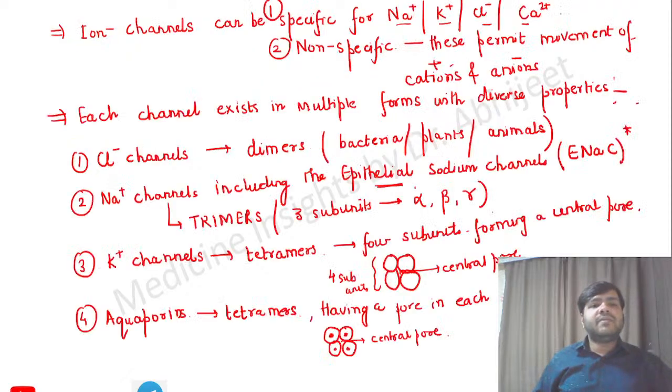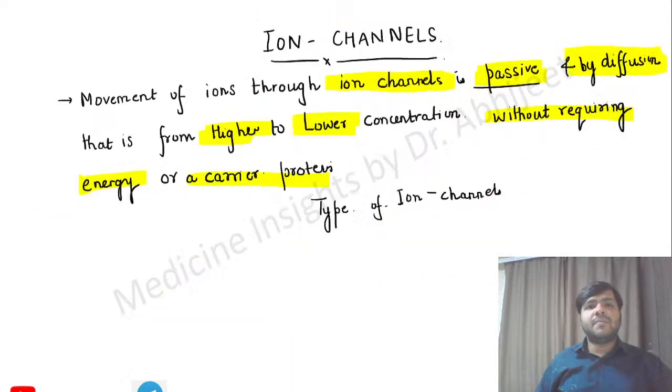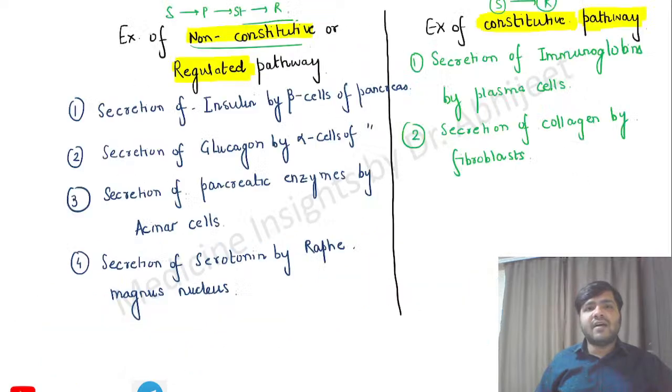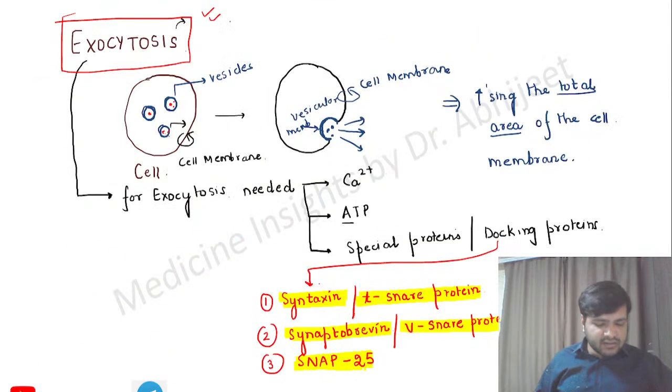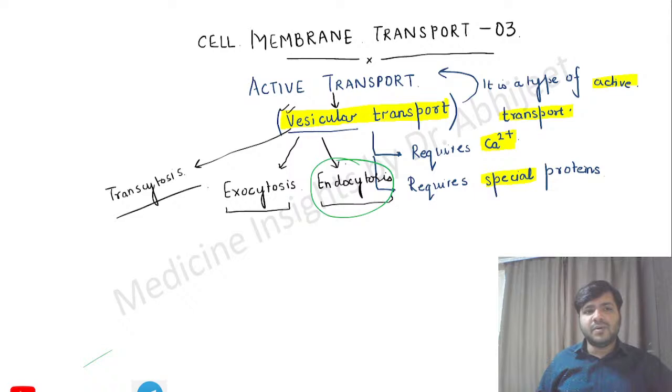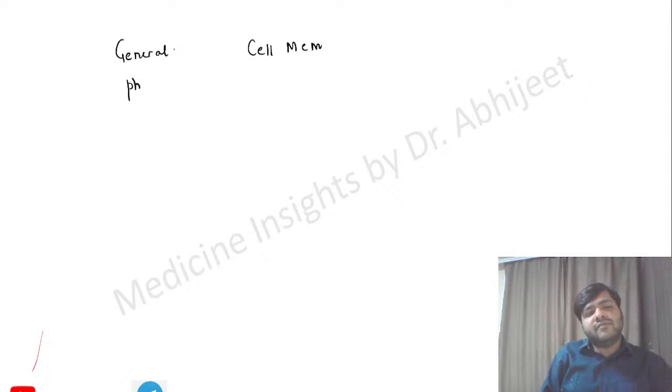So guys, this was our today's topic discussion of ion channels and the other types of active transport, which I have already discussed with you. So I have completed, guys. So I will just wind up the lecture. But before that, remember that I have already completed the cell membrane transport in general physiology, beta.